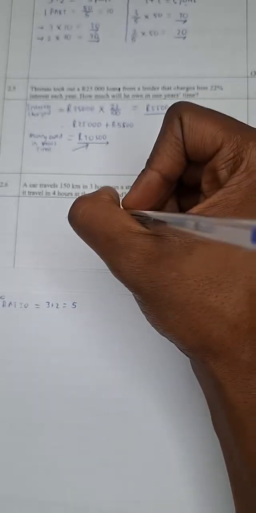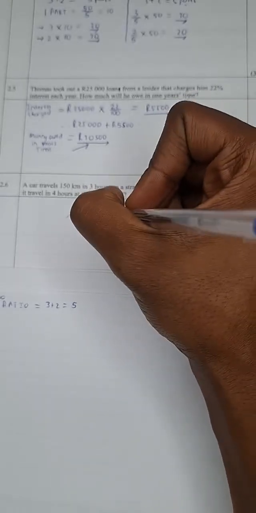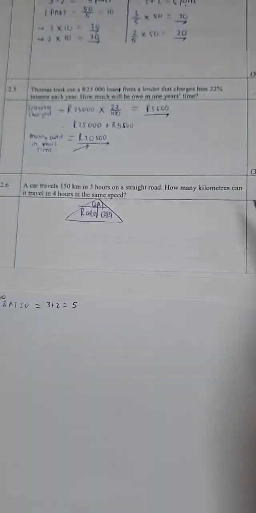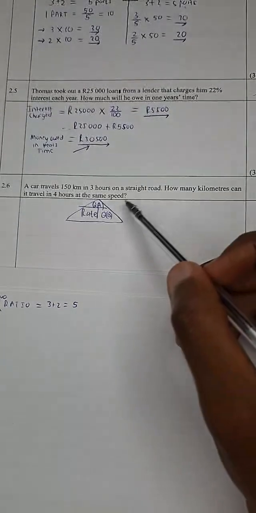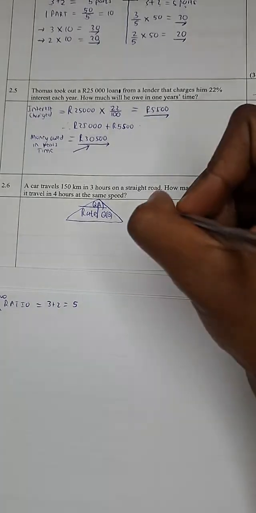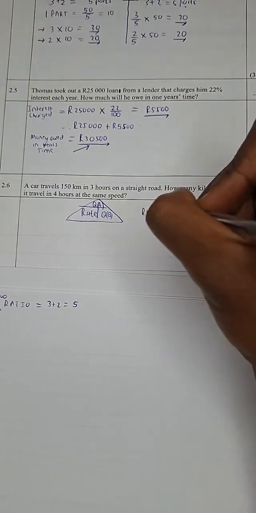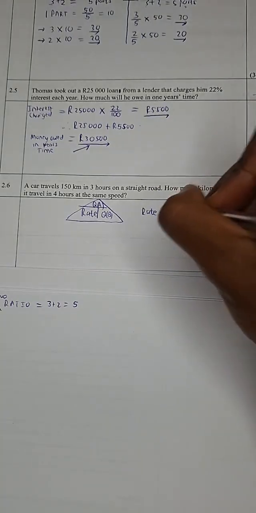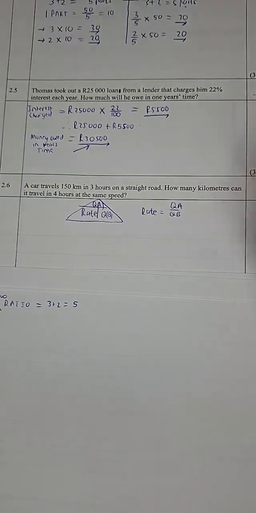So the rate of anything is quantity A over quantity B. That is the rate of anything: quantity A divided by quantity B, generally speaking.